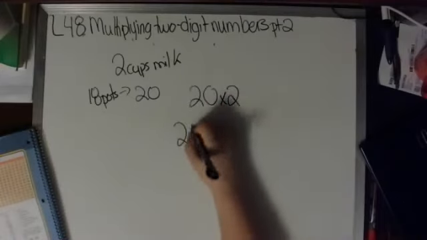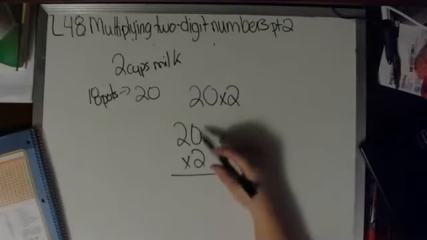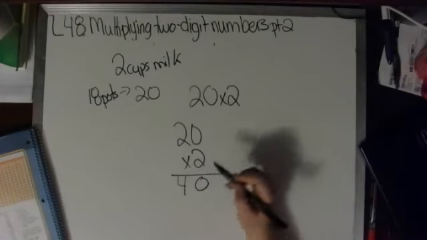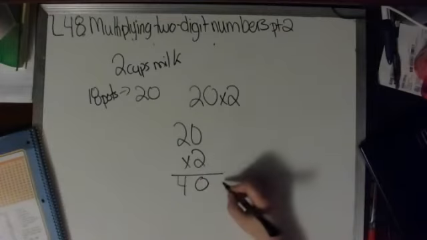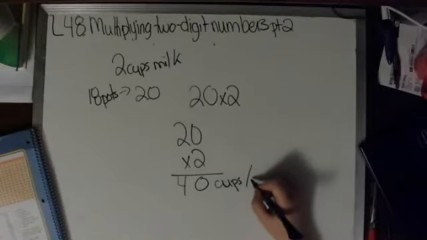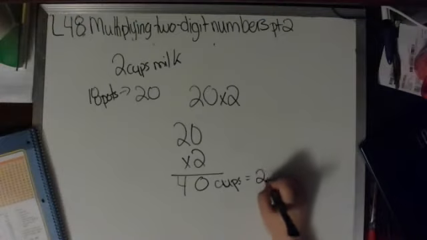Again, ones column, then tens column. Ones column, 2 times 0 is 0. 2 times 2 is 4. You get 40 cups of milk, or 40 cups of milk approximately for 20 pots.